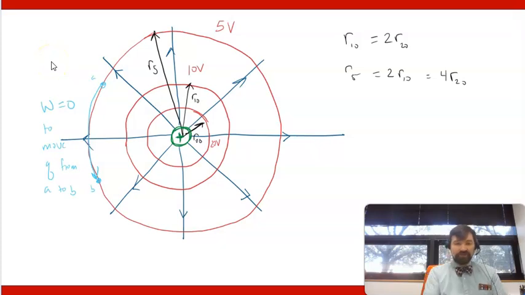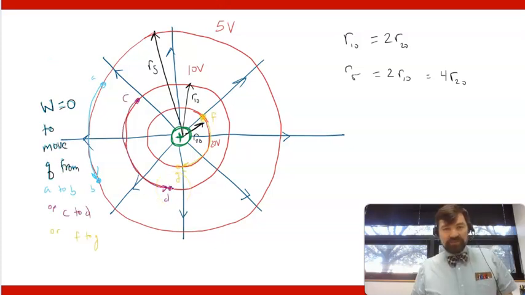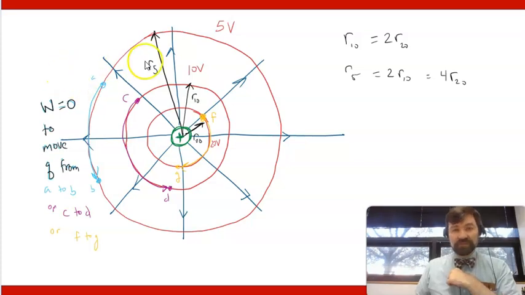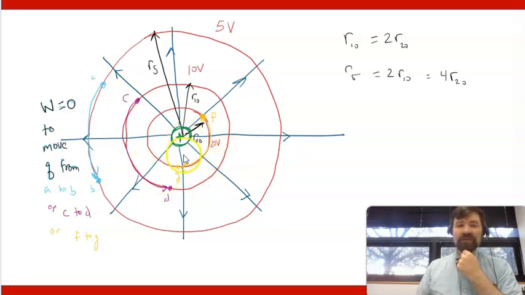That's true for any pair of arbitrary locations on a curve, so A to B, C to D. Any point on this outer circle to any other point on this outer circle requires no work to move a charge. Likewise, any point on the middle circle to any other point on the middle circle takes no work, and it takes no work to move a charge from any point on the innermost circle to any other point on the innermost circle.